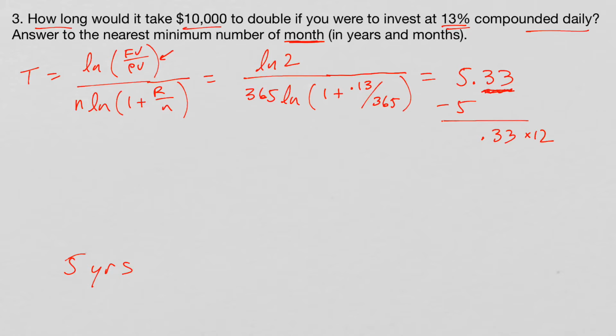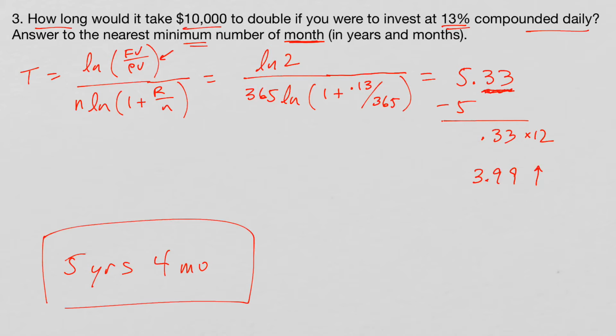And I get 3.99. So I'm going to round this up. And remember, even if it was 3.1, I'd still round up to 4 because it's asking for the minimum number of months. But this is going to be 5 years and 4 months. So it would take 5 years and 4 months for $10,000 to double at 13% compounded daily.